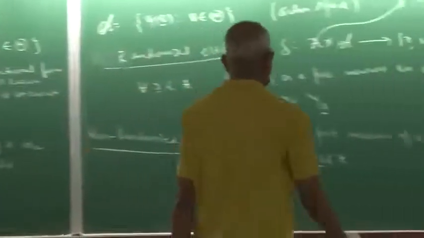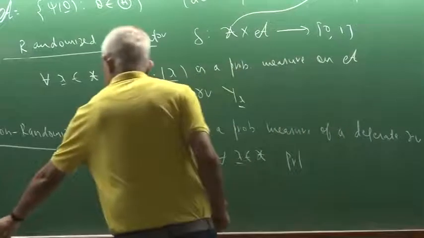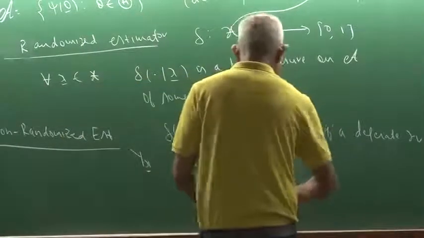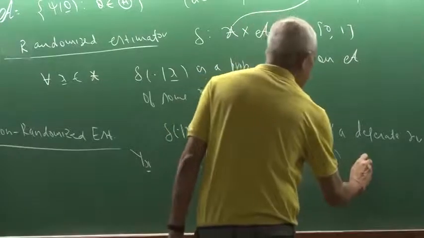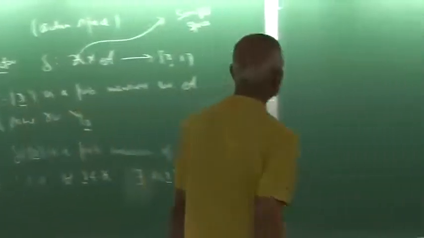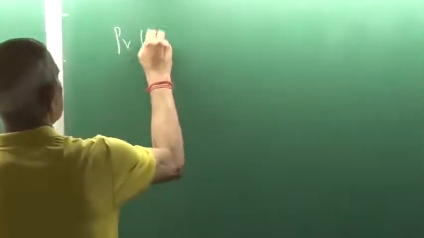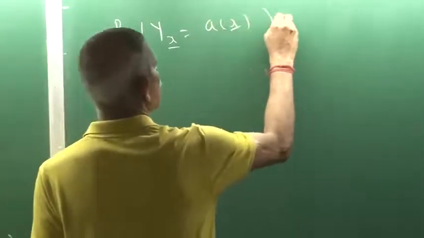So for every x, there exists an action ax such that Yx takes the value ax with probability 1, such that the probability that Yx is equal to ax is 1.